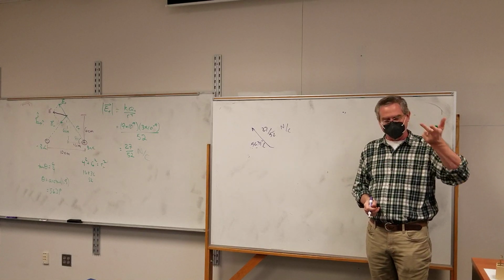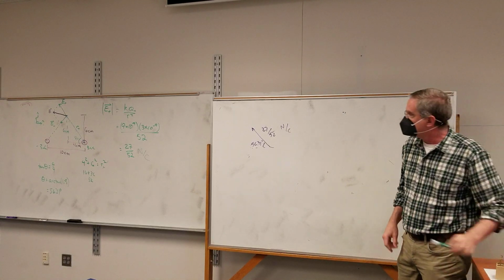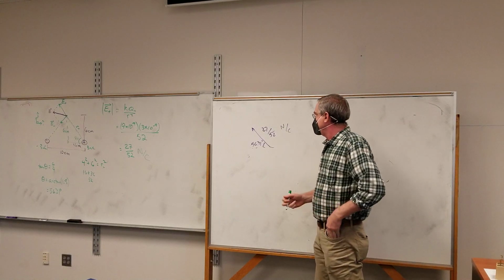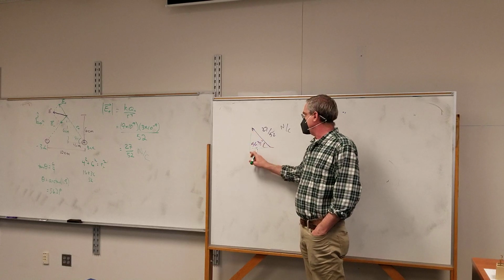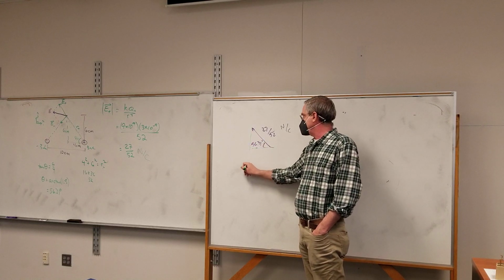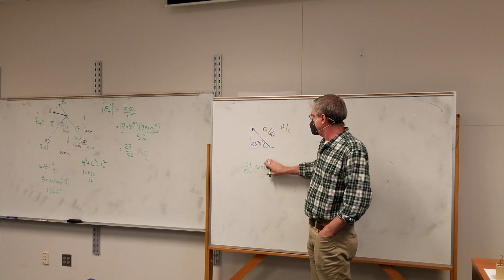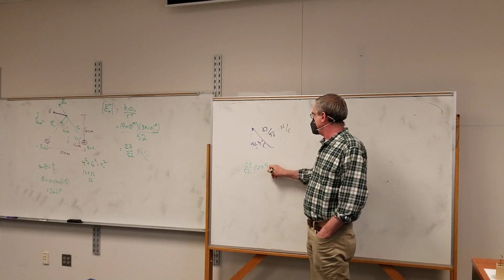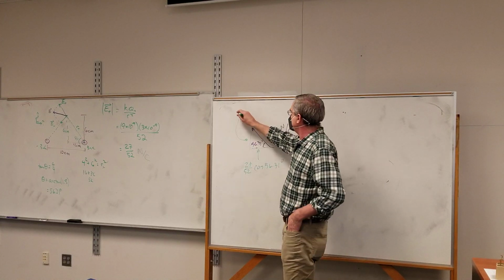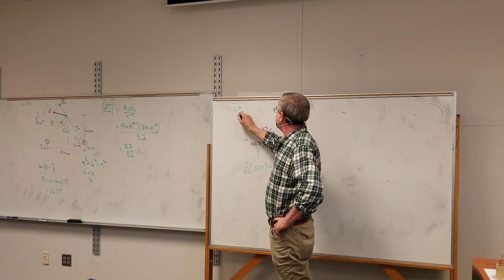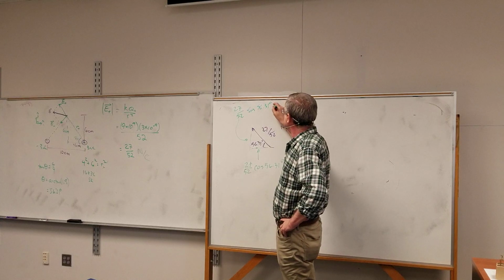Let's do it that way, and then I'll show you a slightly different way. Horizontal, this is the adjacent side, so this is going to be 27/52 times the cosine of 56.31 degrees. And the opposite side is 27/52 times the sine of 56.31 degrees.